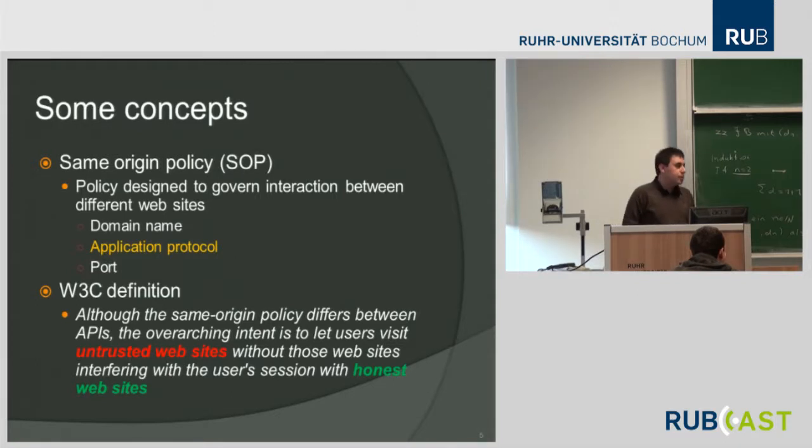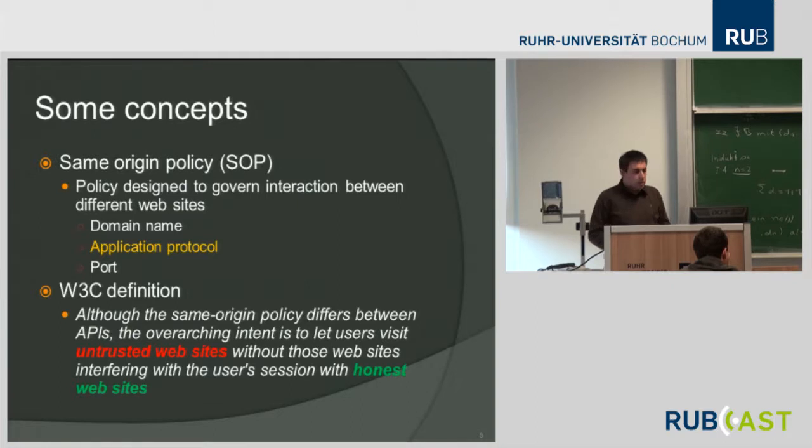Okay, first part. Some concepts before we start. Probably most of you have heard about the same origin policy. This is a very important security mechanism in modern browsers. What caught my attention when I was researching on the web is the definition from the W3C website, which says the overarching intent is to let users visit untrusted websites without those websites interfering with the user session with honest websites.